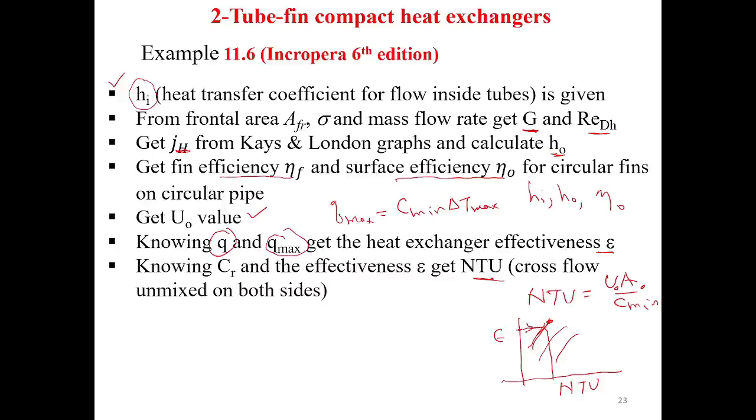So you go from here to here, and then you can get an NTU from this figure, from which, since NTU equals U0 A0 over C minimum, and C minimum is known and U0 is known, you can get the heat transfer area. Once you get the heat transfer area, you can find the volume, since alpha, as we said before, is equal to the heat transfer area divided by the volume.